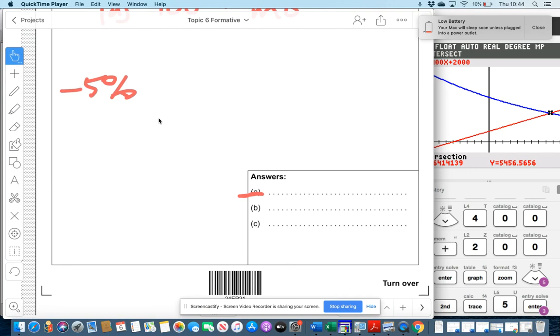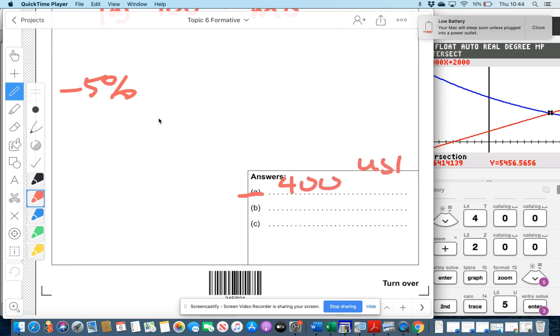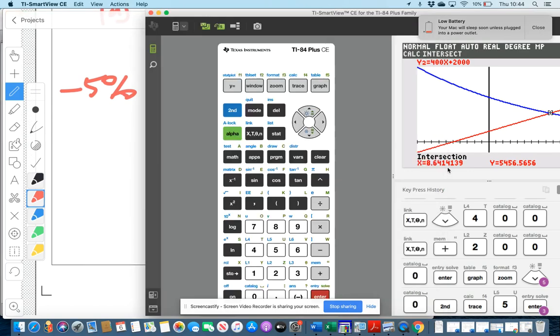All right, so the first answer was 400 per month. And then we got 8.64 months. And then C.